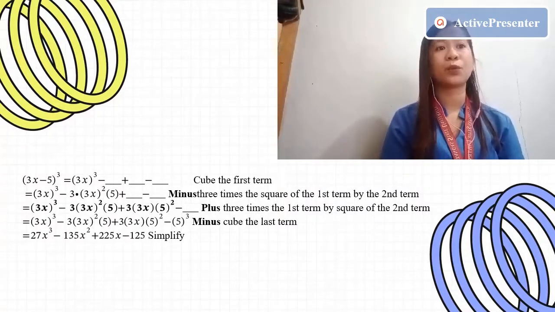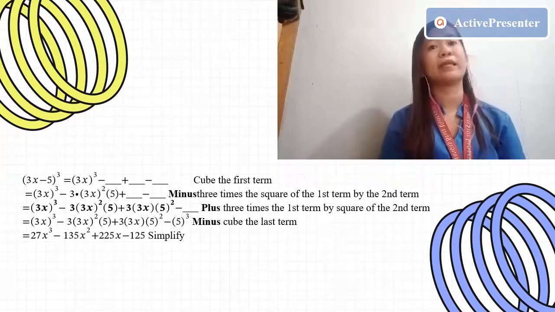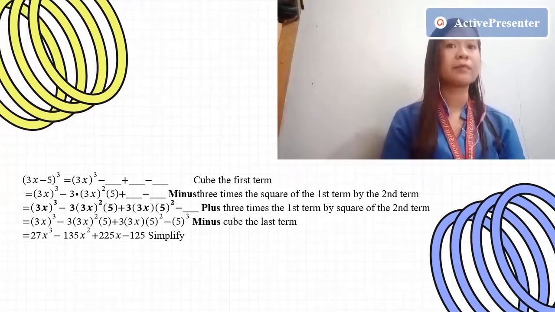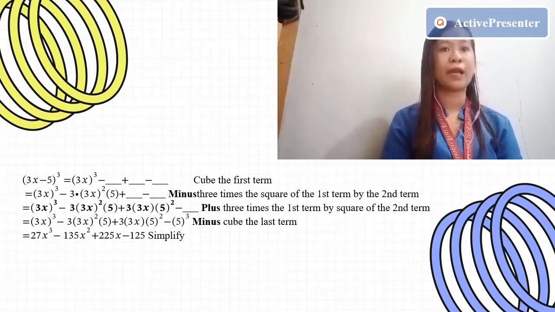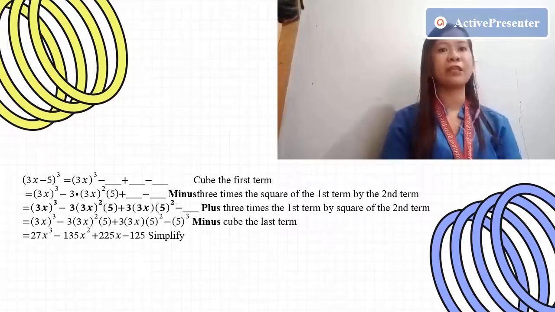Then for the third term of the product, we have plus 3 times the first term by the square of the second term. So 3 times the first term, 3x, times the square of the second term. So 5 squared is equal to 25, times 3 is 75, times 3x is equal to 225x. Next, cube the last term. Then take note, it is minus. So minus the cube of the last term.